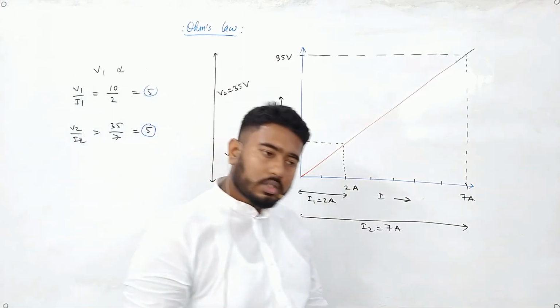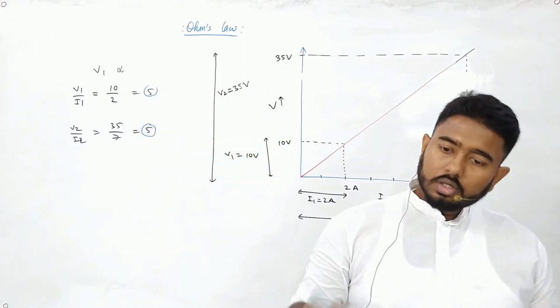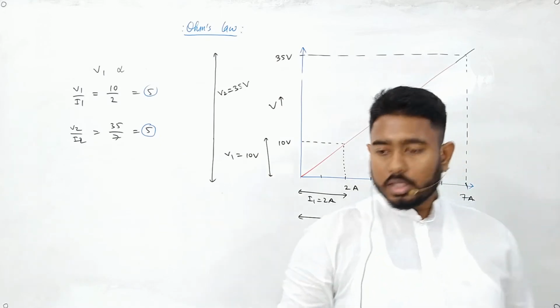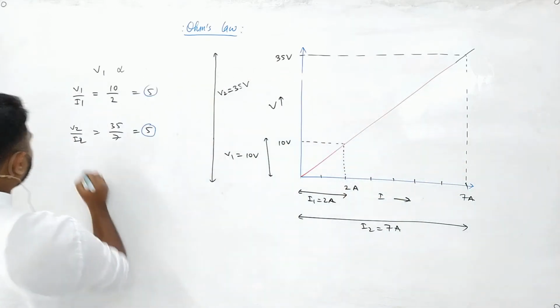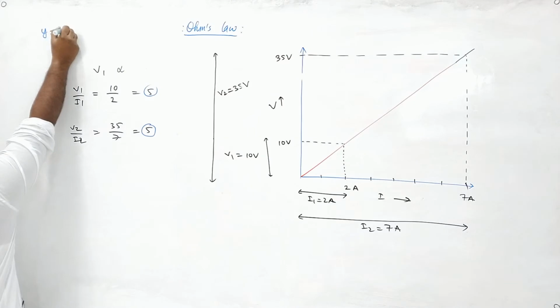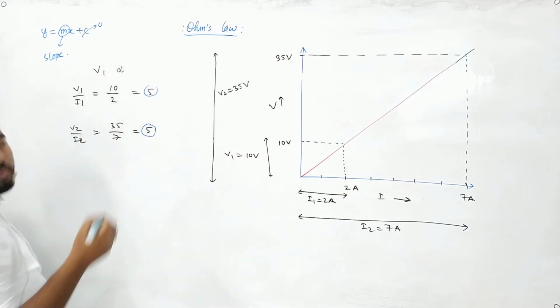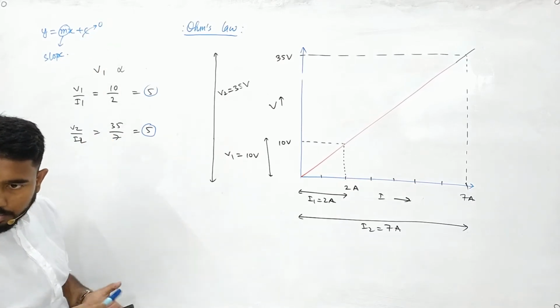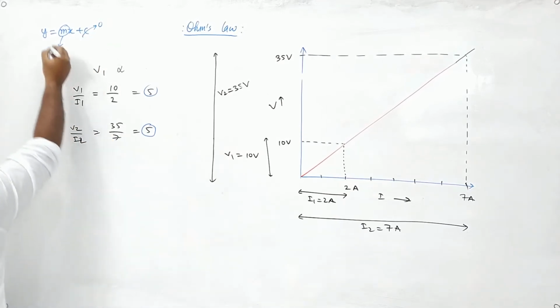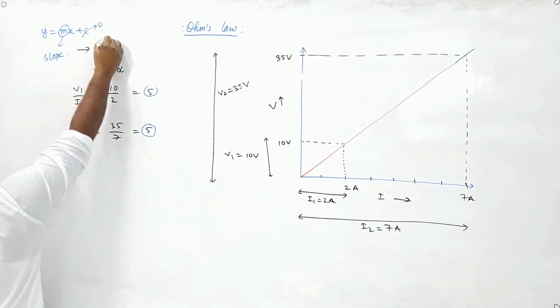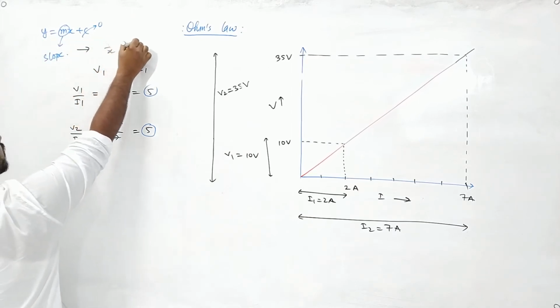Okay, we have also done straight line, y equals to mx plus c. We have learnt about m, which is known as the slope, right? c is the y-intercept. We have learnt it in math. If c is equal to 0, then y will be equal to mx, or y by x will be equal to slope.